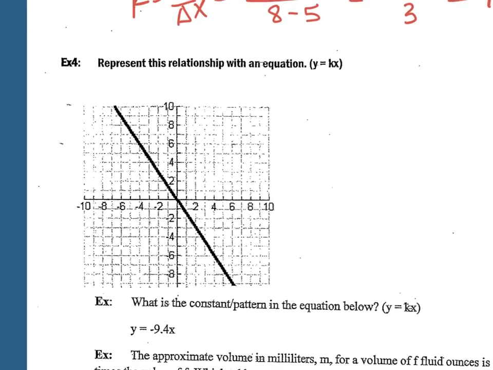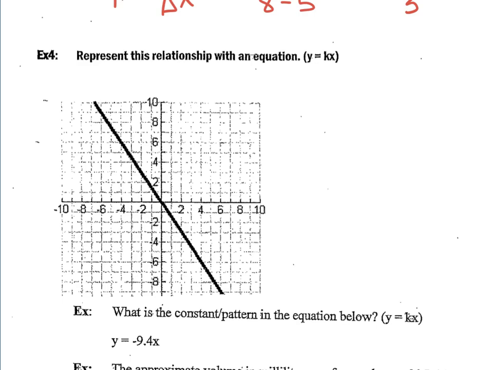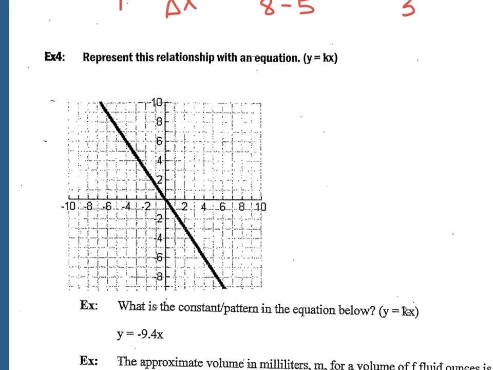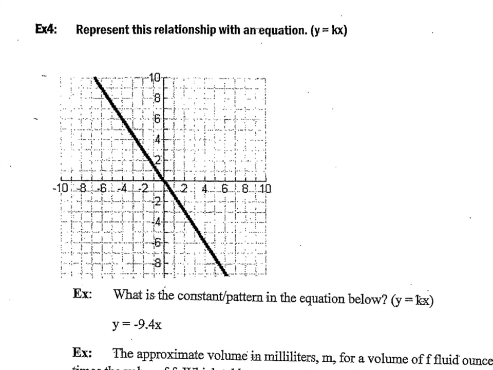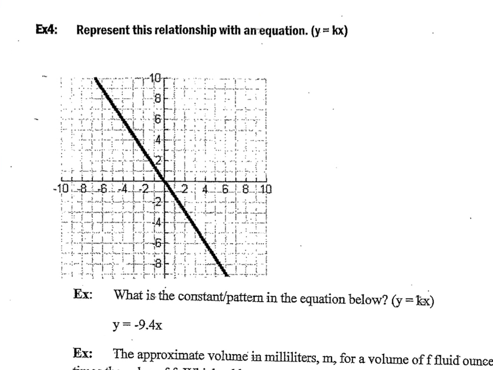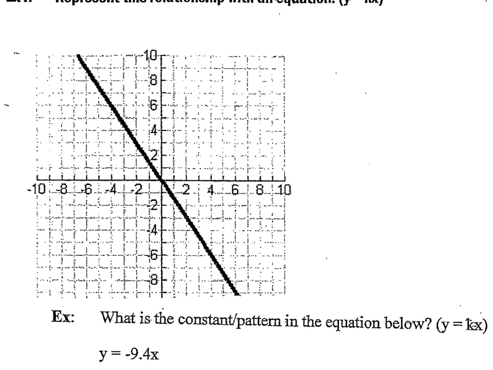Okay, the next one is a graph. Same thing. Represent this relationship with an equation. So y equals kx is my equation, and I want to find K, change in y over change in x. So if we can zoom in, well, y'all can't zoom in, but I can zoom in.